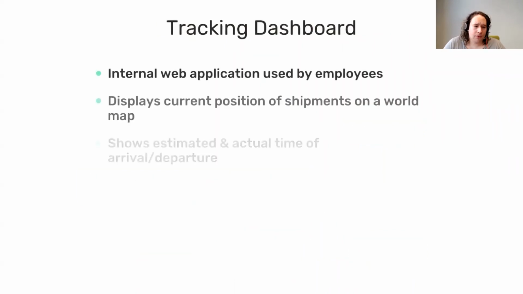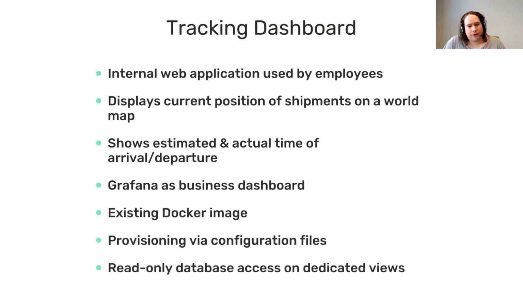For this tracking dashboard, I consider it an internal web application that is only used by employees of this e-commerce company. It doesn't have to be fancy. It doesn't have to be unique or highly customizable. That's why I wanted to use standard software. And when I think about standard software for UI, one thing that came to my mind was Grafana.